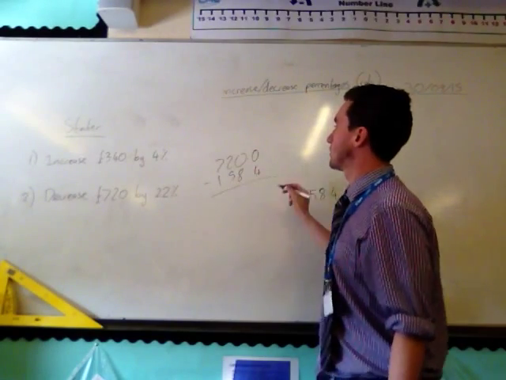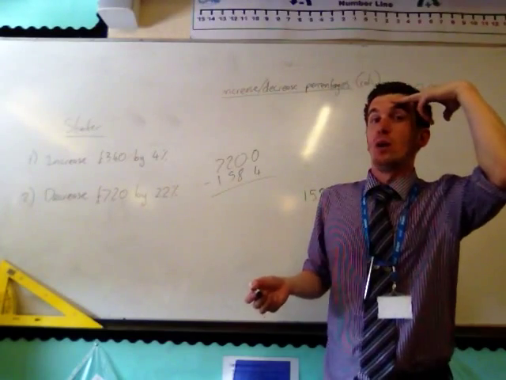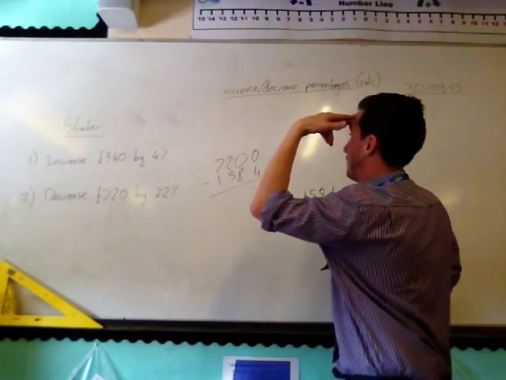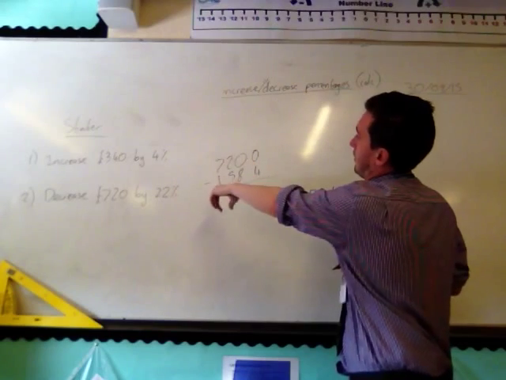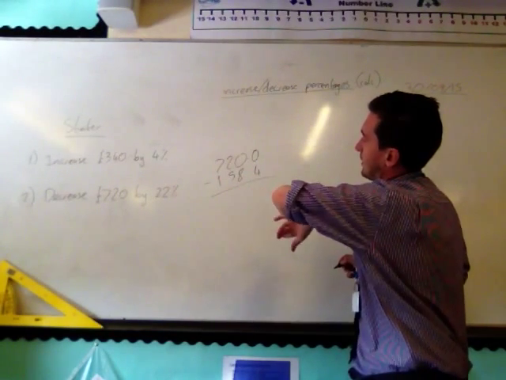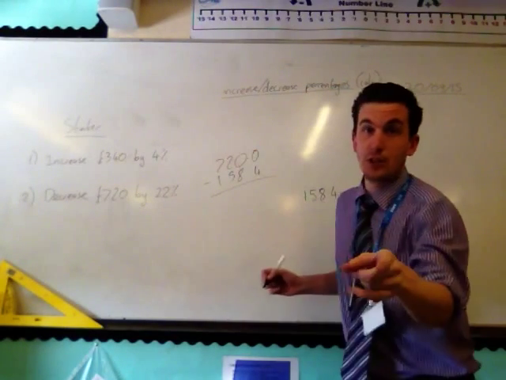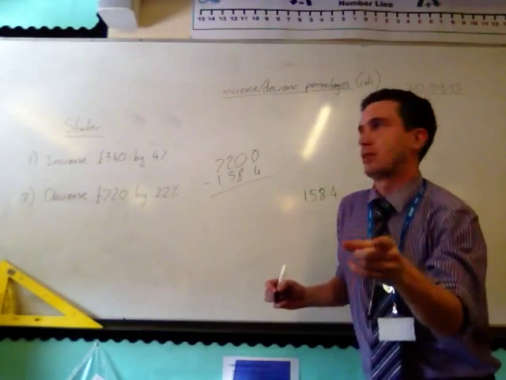I'm going to take it away, so 720 take away 158.4. If we want to do the column method, that's all good. I'm going to try and give it a go in my head. Let's use the column method because that's more accurate.